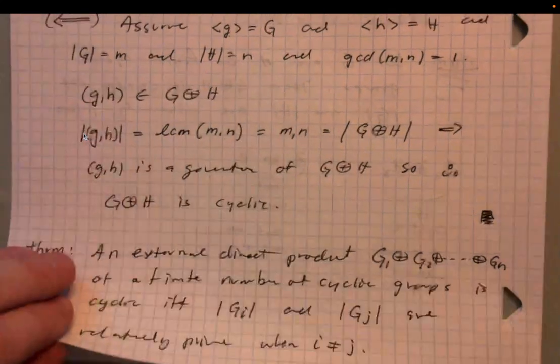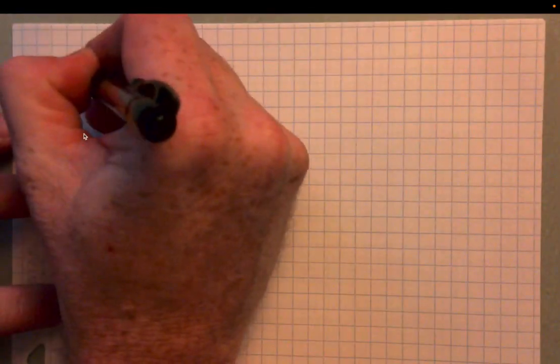Now a closely allied theorem is what we'll end on for this section. The last theorem that we'll look at is a pretty beautiful result, actually.